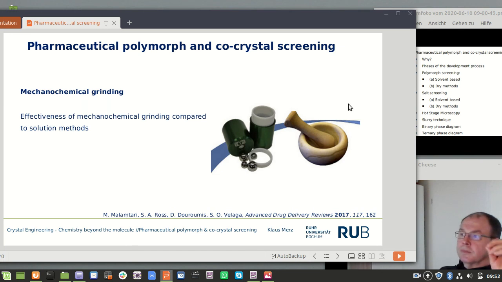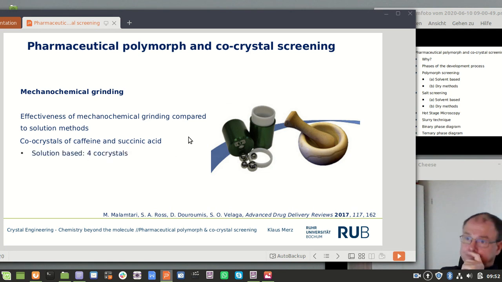And we have a technique, mechanochemical grinding, and the question once again is how effective such grinding techniques are. If you look, for example, at the co-crystals of caffeine and succinic acid, if you make solution-based synthesis with different solvents, you will get 4 co-crystals. If you use grinding with both components by themselves, you will get 16 co-crystals.